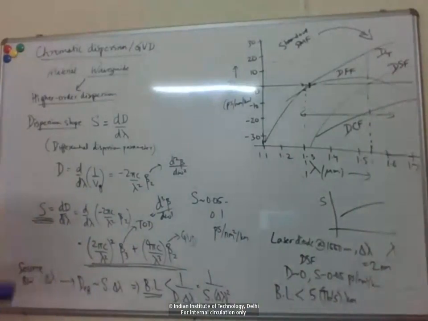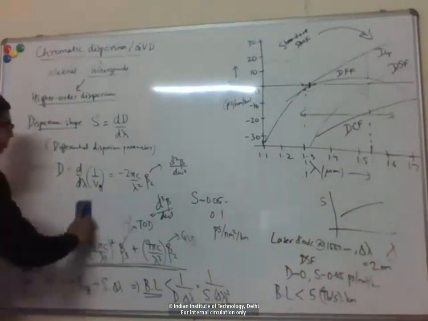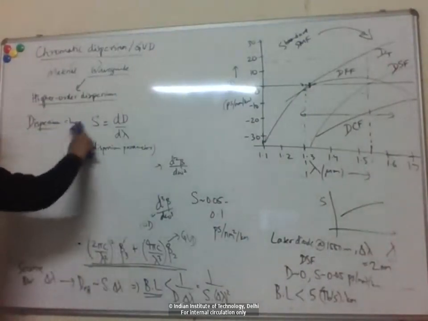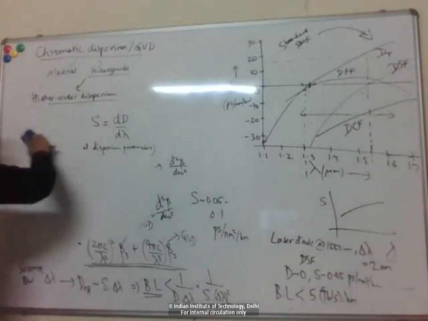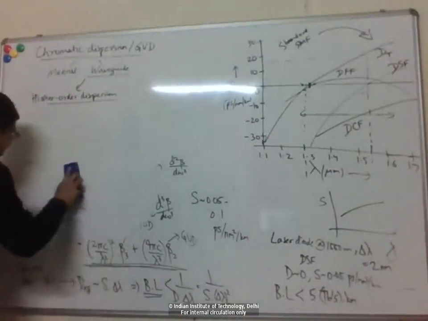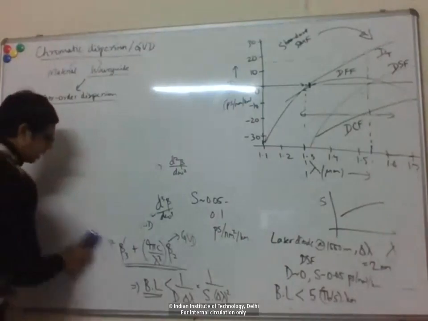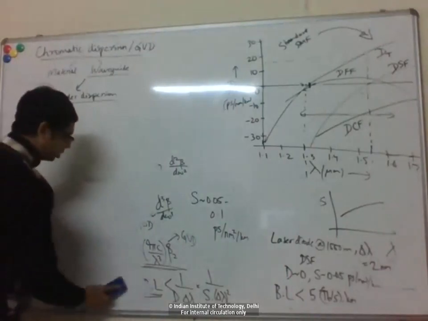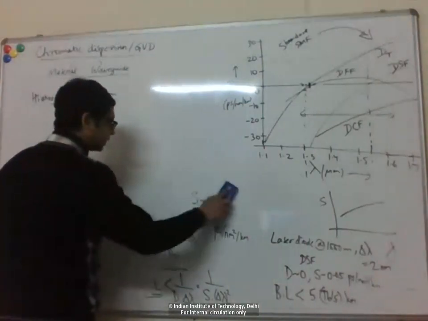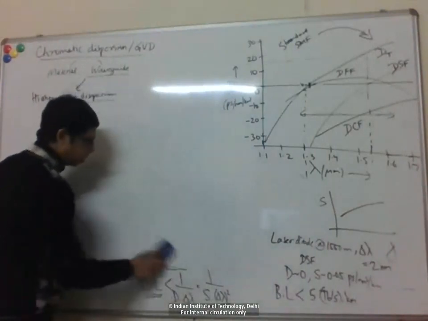So if not, then we'll discuss another dispersion mechanism that happens in these single mode fibers, which is polarization mode dispersion. As the name suggests, that comes about from the polarization degree of freedom of the optical mode.